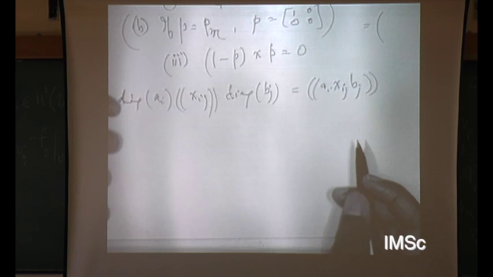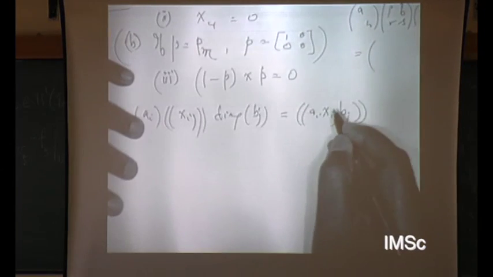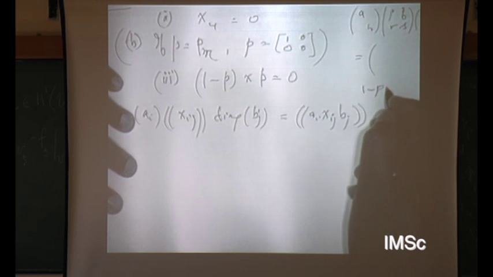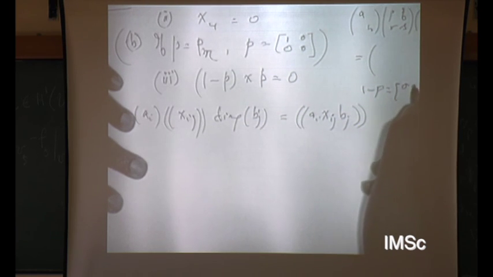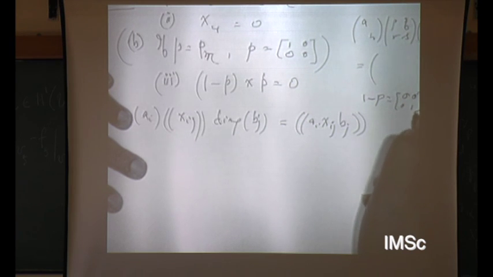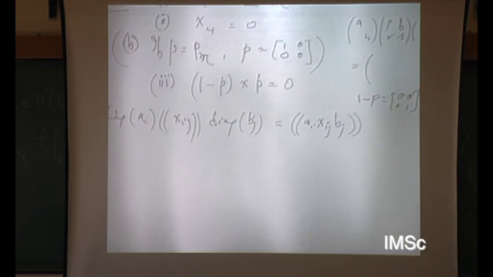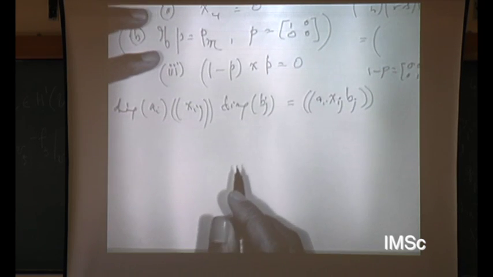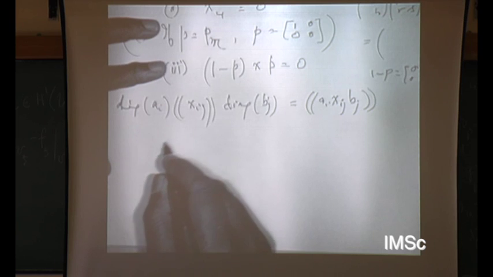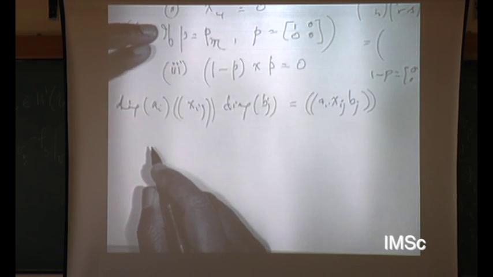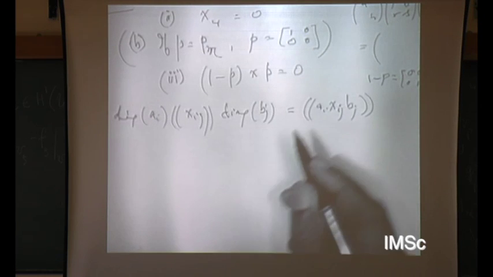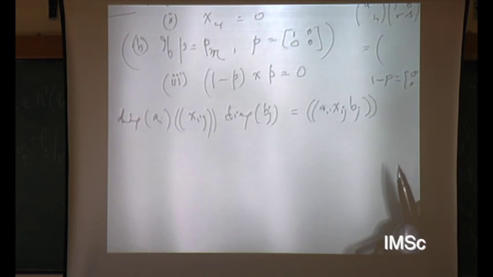So, for example, P is this and 1 minus P is going to be 0, 0, 0, 1. Right? So if you want to lay hands on any of the x11, x12, x21, x22, you will be able to write this. So what is x11 in terms of P and x?